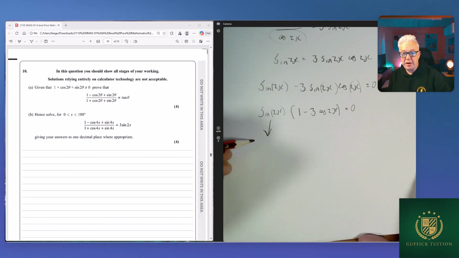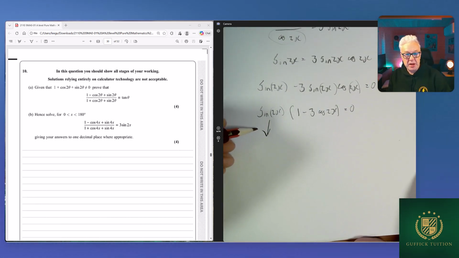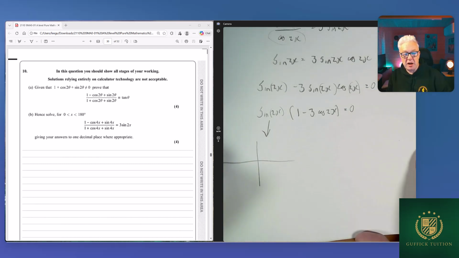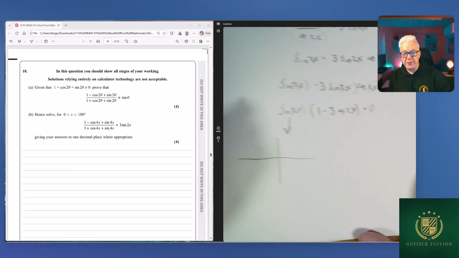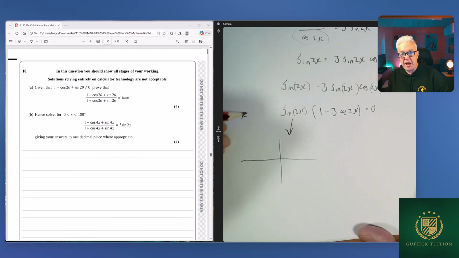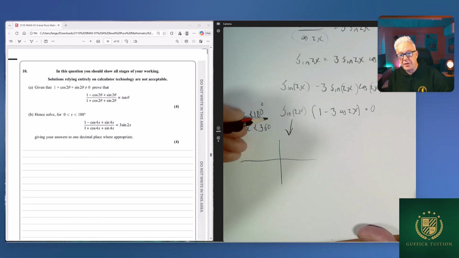So this is better now, because this means we can say that some of our solutions are going to come from when sine 2x equals 0. Let's have a little sketch and consider our range. Notice that the domain for x in the question is x is less than 180 but greater than 0. However, notice we're dealing with 2x. So we want to go to less than 360 but greater than 0.